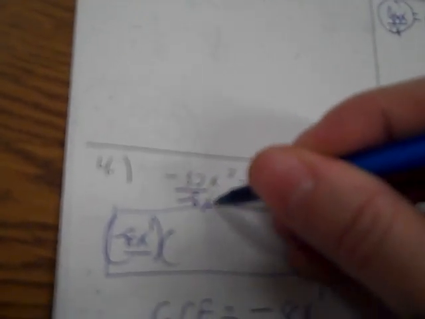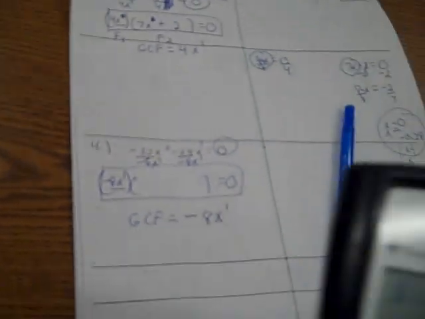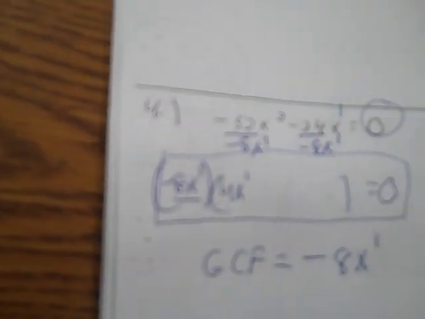And then divide both of these by the negative 8x to the 1. Negative 32 divided by negative 8 is 4. Then x to the 1, you should be knowing that by now. Then I take negative 24 divided by negative 8, and that's 3.